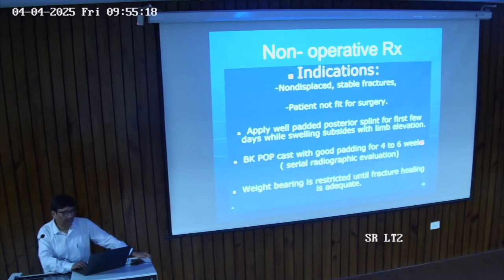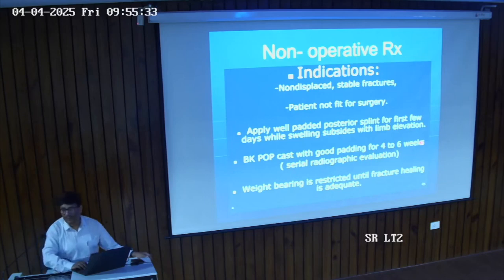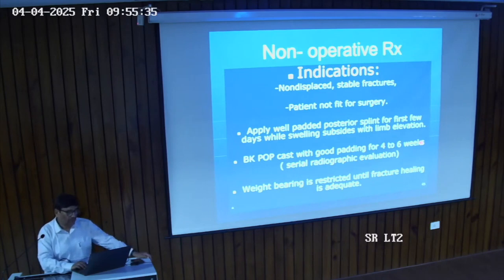So how do we do it? We apply a well-padded posterior plaster splint. Well-padded because these injuries are often associated with a lot of swelling, or the swelling may develop later on. If you apply a snug plaster, there may be some compromise on the vascular status of the foot. So it's good to apply a well-padded cast. This cast is applied for 4 to 6 weeks, and then we get check X-rays done.